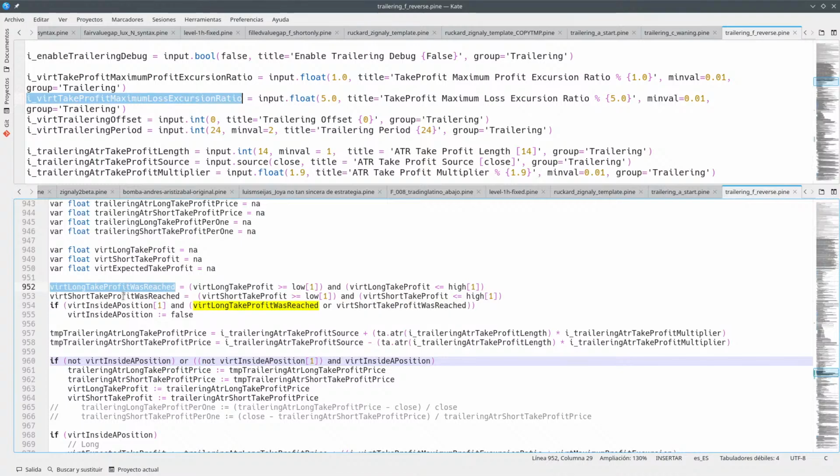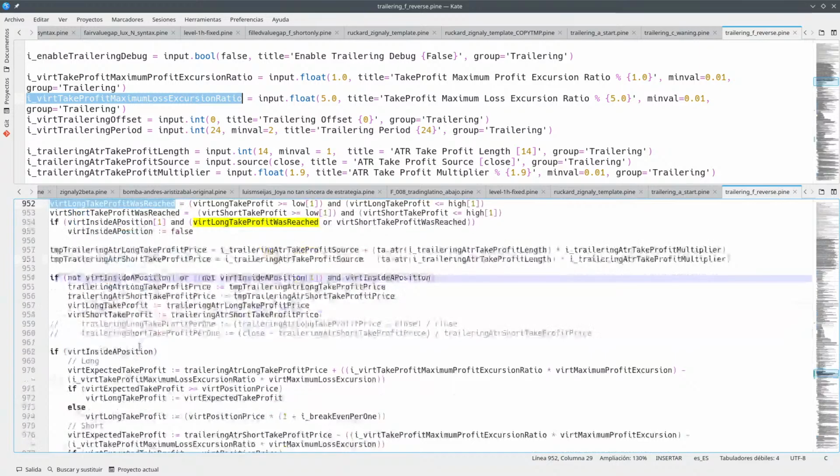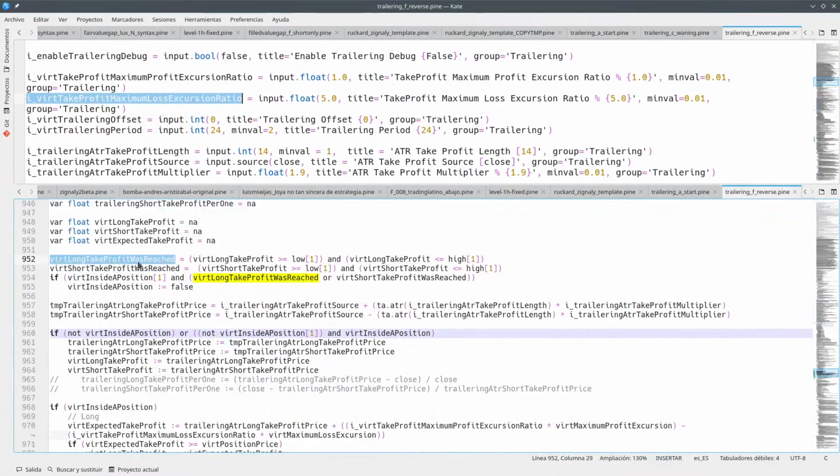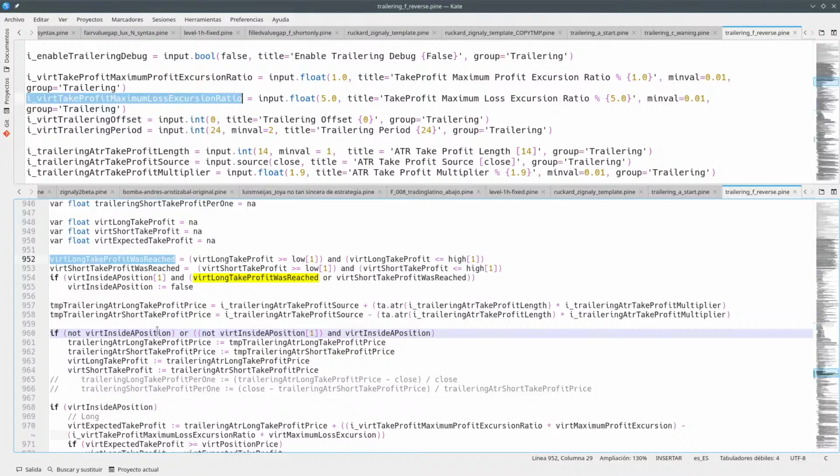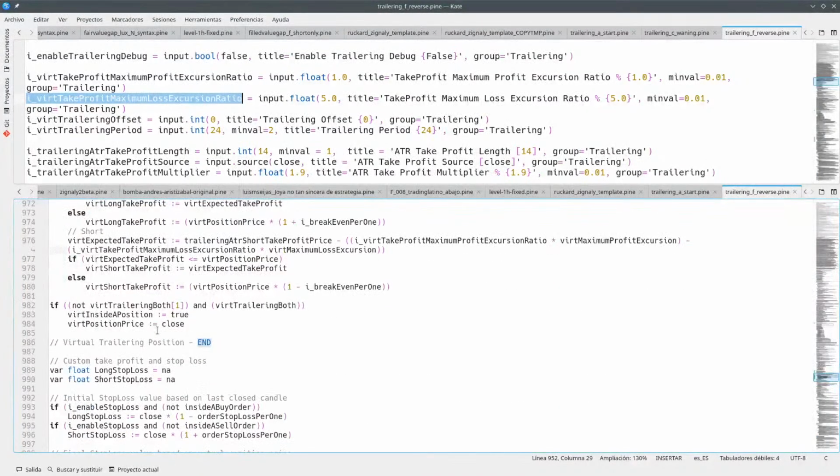I mean, if you were inside a position and this was reached, no, and yeah, I mean, we will see how we manage to do this properly. This might need to be moved up so that I can use it in my script as I want to.